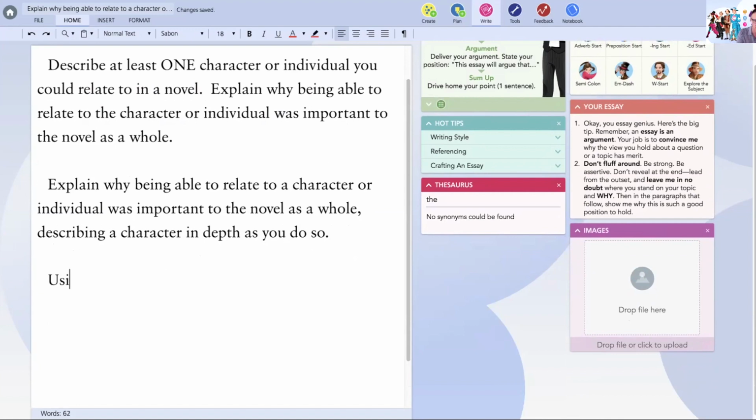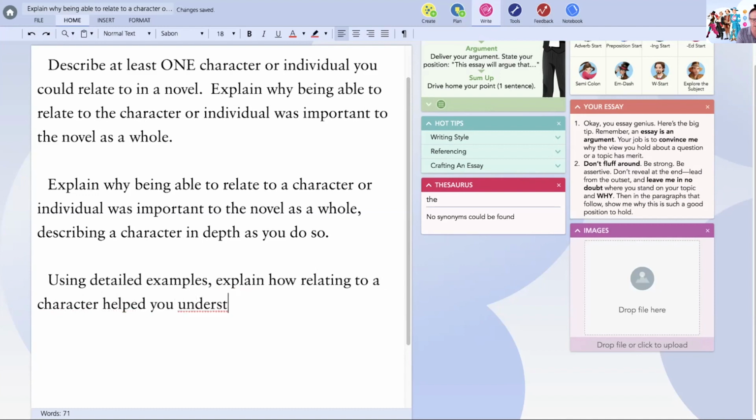You could say, using detailed examples, explain how relating to a character helped you understand a novel better. Now that's much more concise, and it's also more focused as a question.